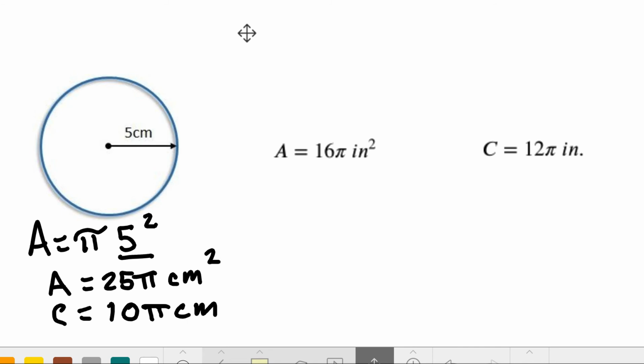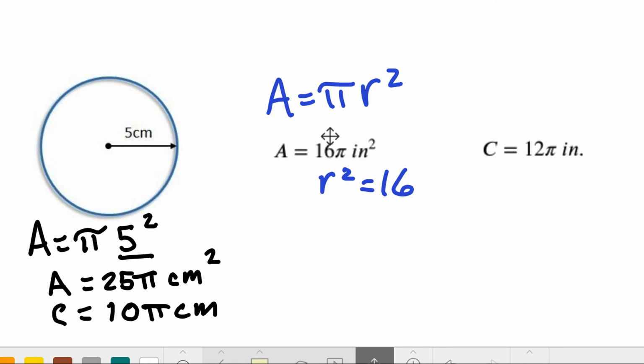We have the area 16 pi inches squared, and the question was, what is the radius? Well, if I remember that the formula for the area of a circle is pi r squared, then I can see that the pi is already there, so the r squared that we're dealing with is going to be equal to 16, because that's the part that's being multiplied by pi.